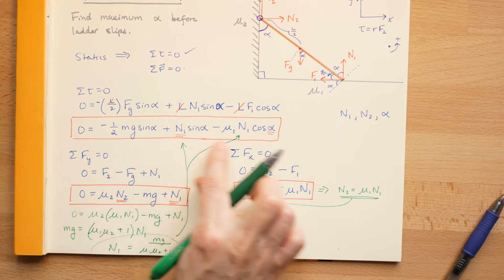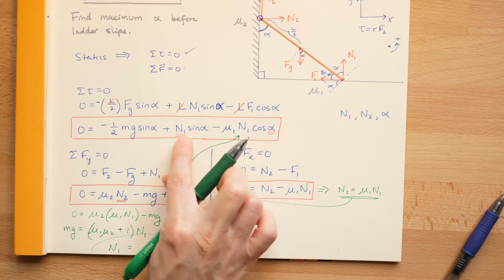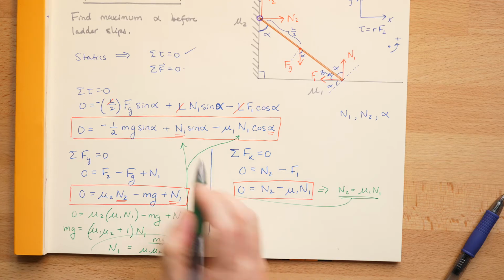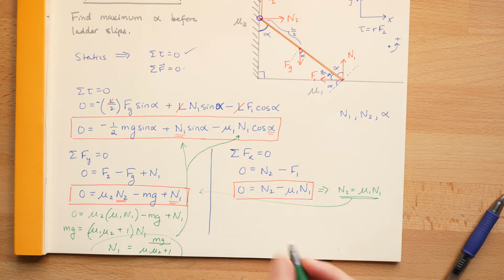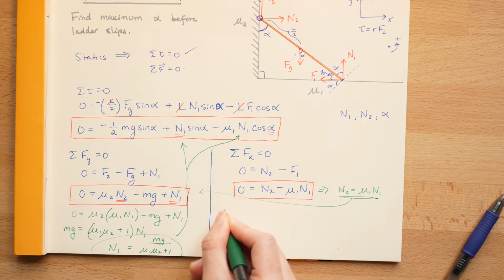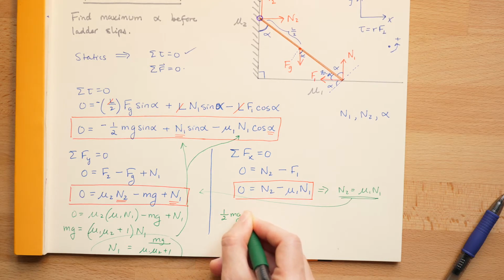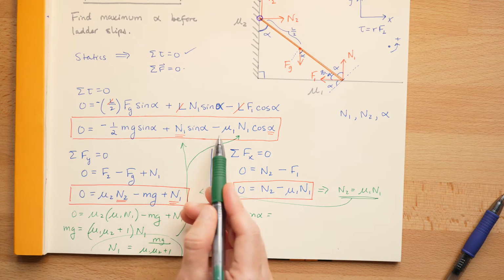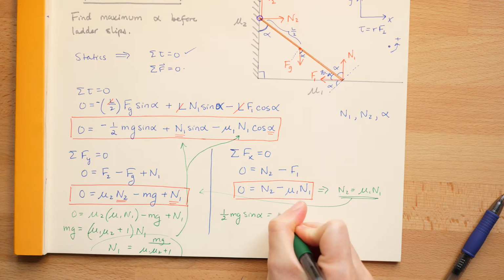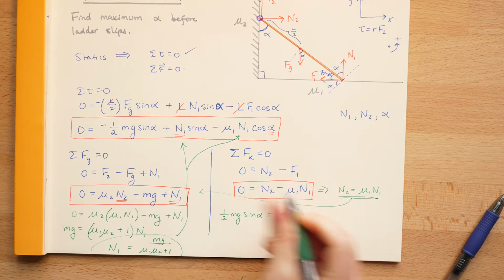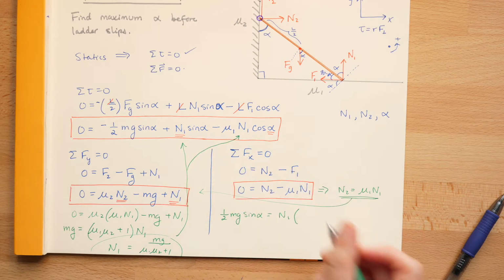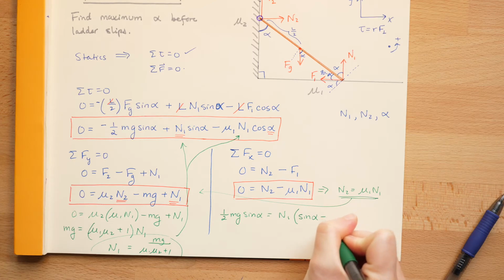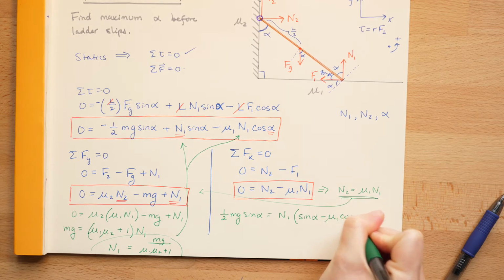So I'll take this equation, and before I substitute in for N1, I'm just going to move this to the other side and factor out an N1 on this side. So I should have half mg sine theta moved over here to the left, and then I'm going to factor out N1, and inside that we're going to get sine alpha minus mu1 cosine alpha.